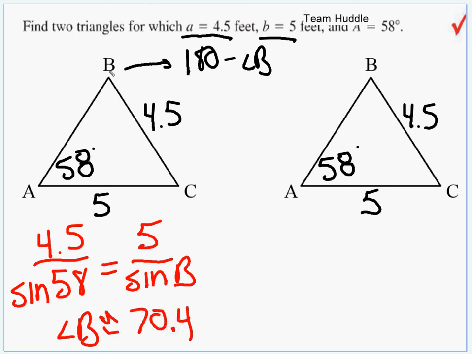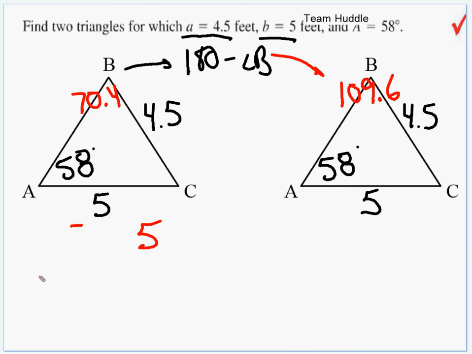So I'm going to write that up here in red ink, 70.4. That's the first angle that we solved, so we're going to check for our second triangle. 180 minus 70.4 is 109.6. And when we solve each triangle for the missing angle C, there is going to be enough degrees left over to put an angle down there.